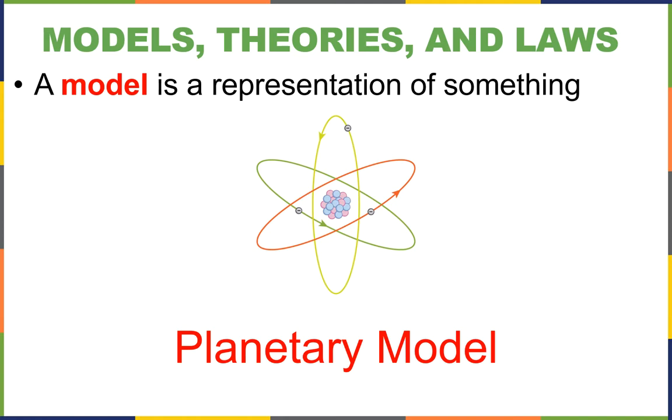So answering a couple of the questions that people talked about in the reading, the planetary model is an example of a model. A model is not factual. Here is another model. This is called the celestial sphere. The model is that all of the planets and stars are on a fixed sphere that's rotating around the Earth.